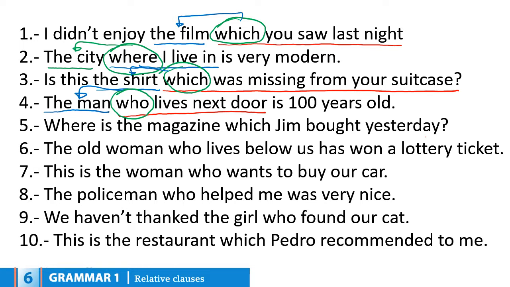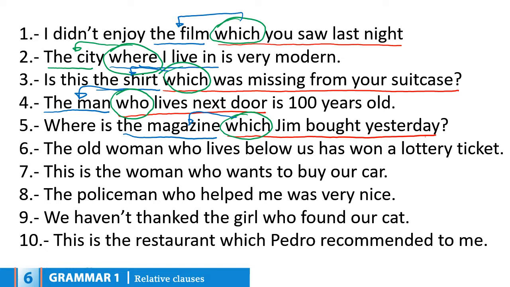Number 5. Where is the magazine which Jim bought yesterday? Which Jim bought yesterday is the relative clause. This is the pronoun, and the magazine is the word related to which.